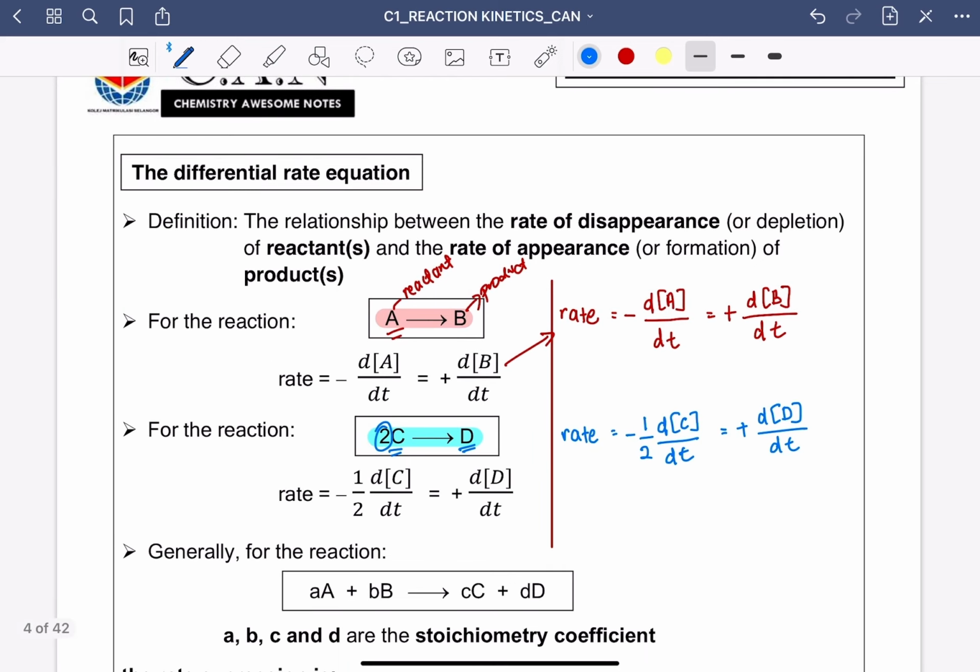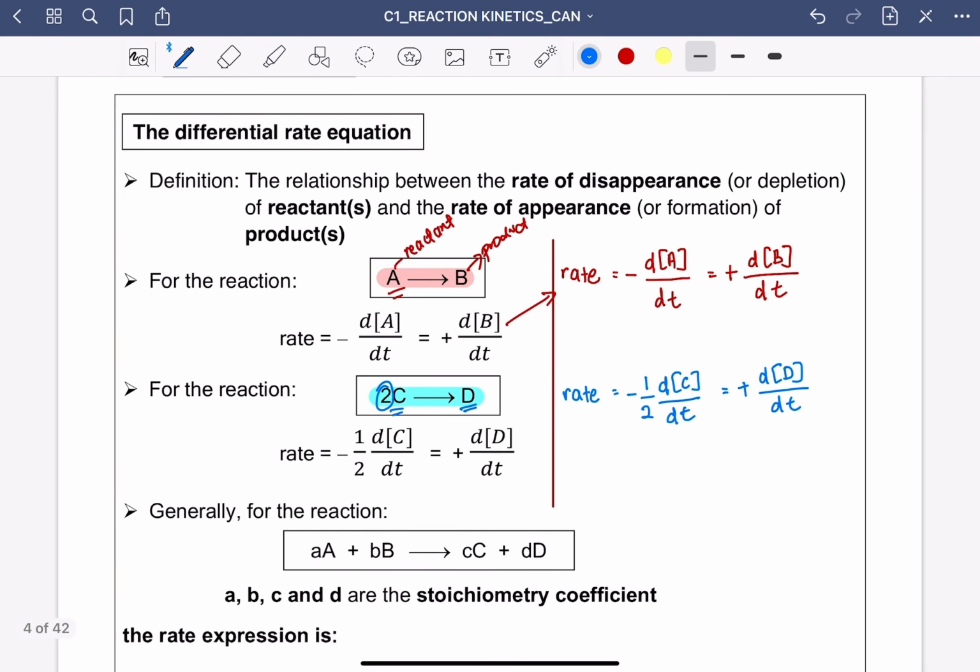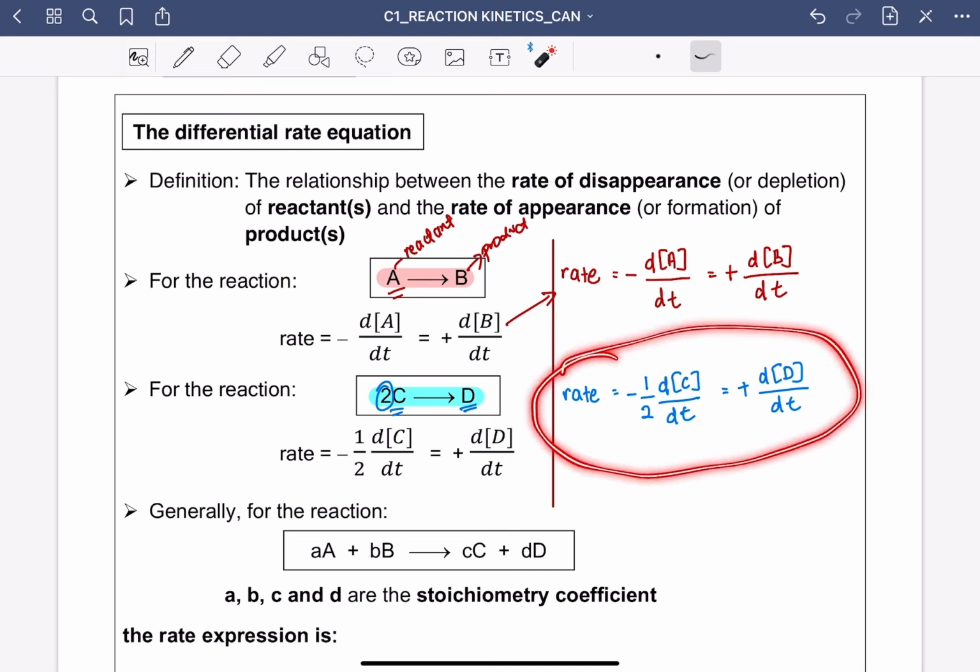Okay, so that's how we write the differential rate equation. Again, this is a must, wajib. If you don't write, if you just write like this, you're not going to get the mark, okay? If you don't write the symbol also, you will not get the mark. So this is the right way to write the differential rate equation. Okay?